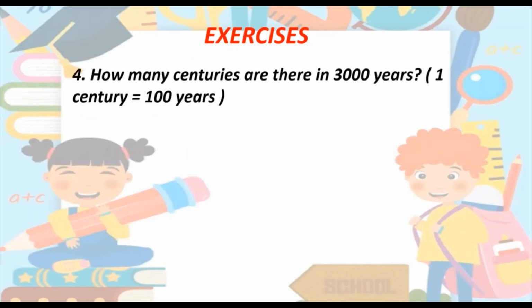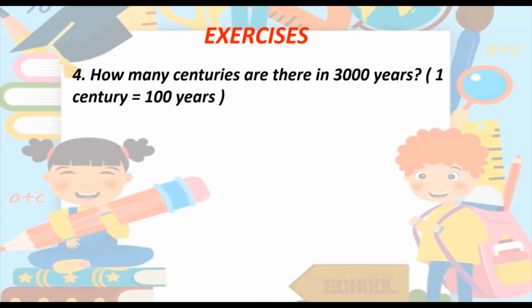Next sum, how many centuries are there in 3000 years? 1 century is equal to 100 years. This you know very well if you play cricket, children. You must have seen MS Dhoni and Virat Kohli make centuries.